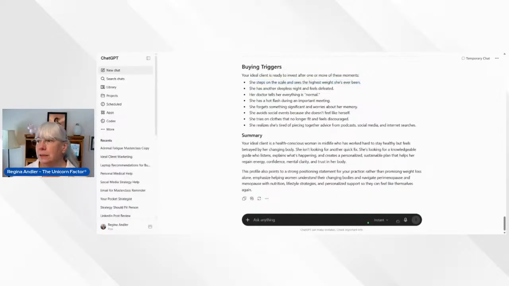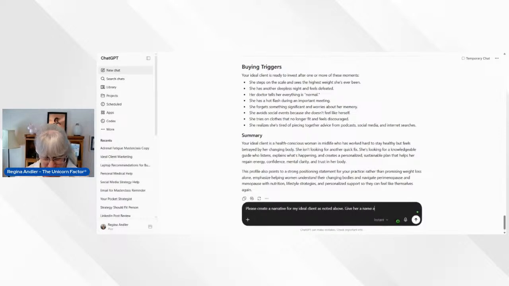So your ideal client is a health conscious woman midlife. It gives you a little summary. So we could take this one step further and say, please create a narrative for my ideal client as noted above.